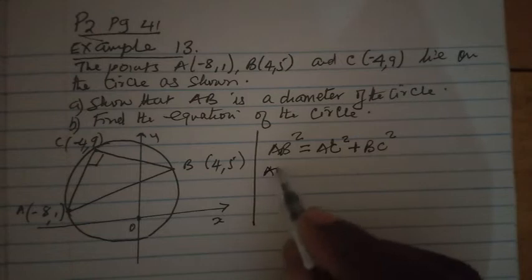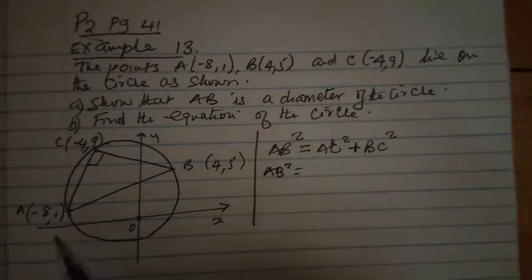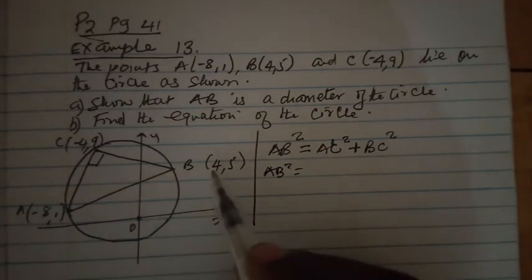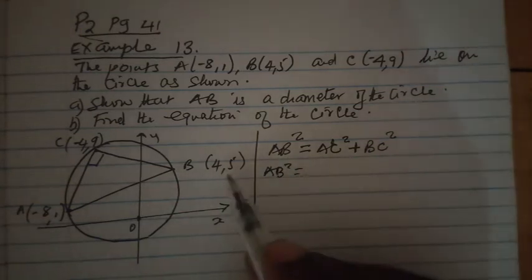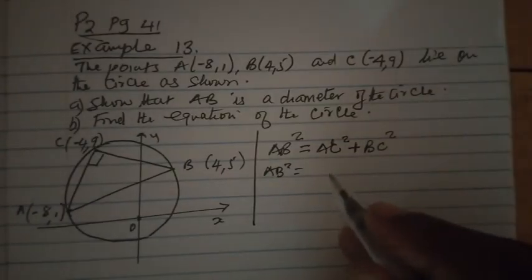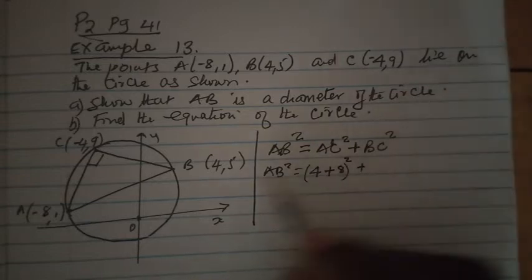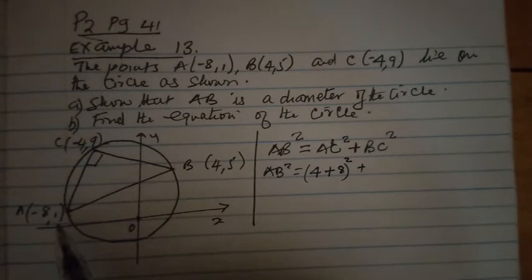So what is AB squared? We have (x2 minus x1) squared, which is (4 minus (-8)) squared, plus (y2 minus y1) squared.